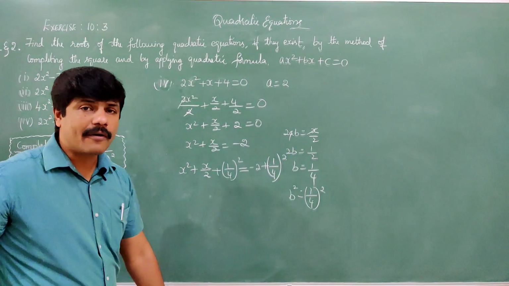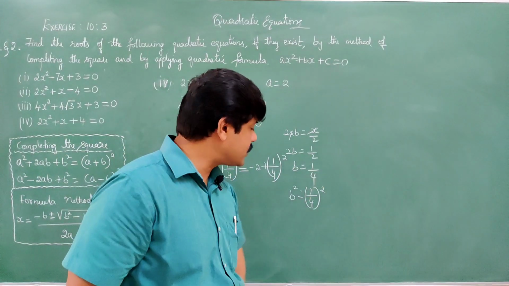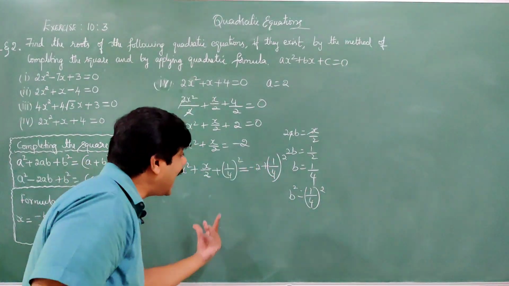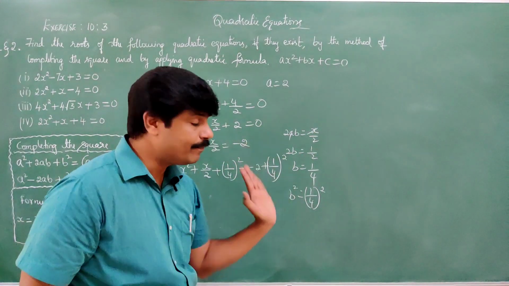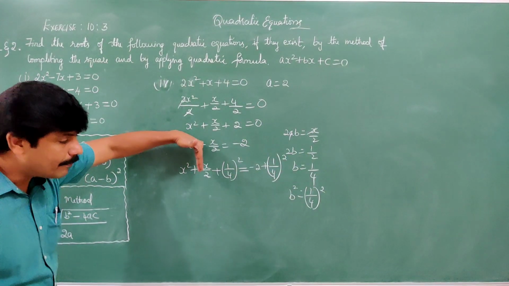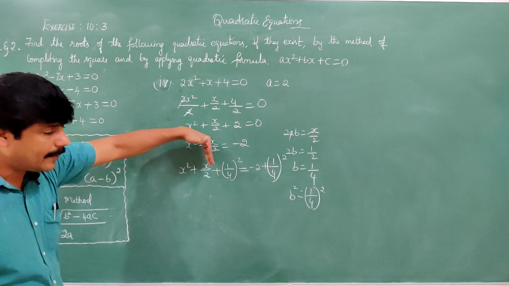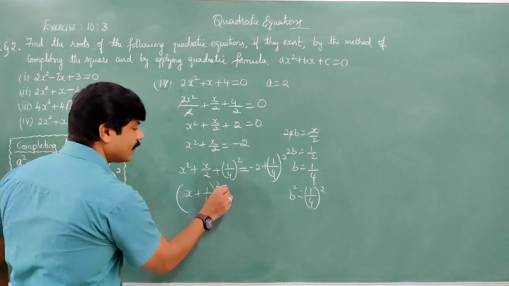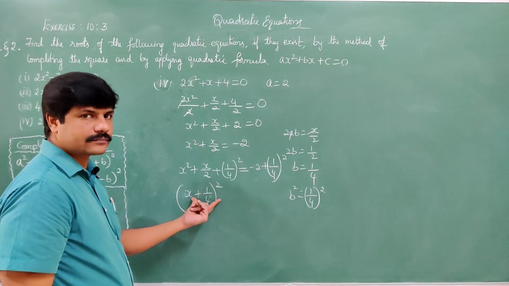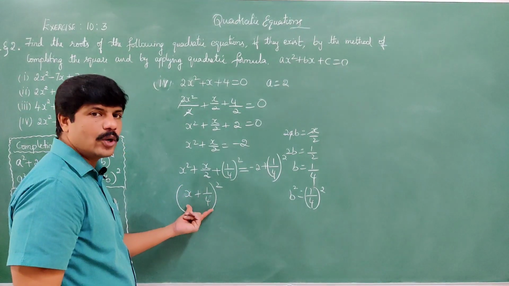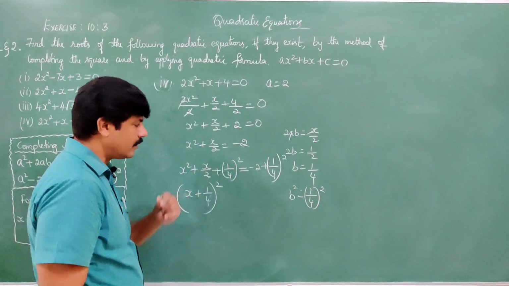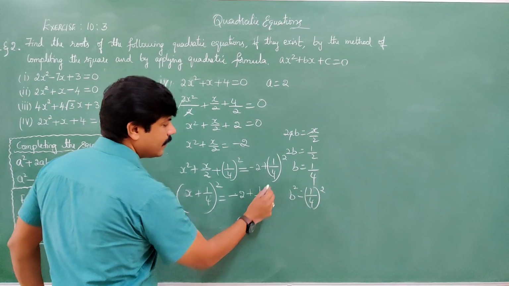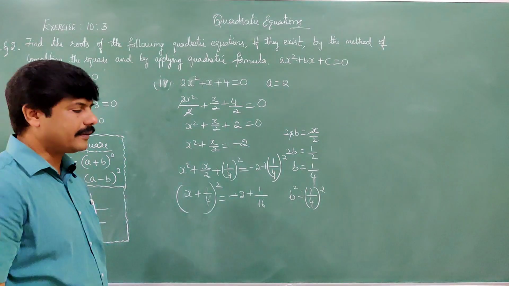Don't forget, after finding b square, you have to add it to both sides, not one side, very important. Now a square plus 2ab plus b square is a plus b whole square, where a is x and b is 1 by 4, equal to minus 2 plus 1 by 16.